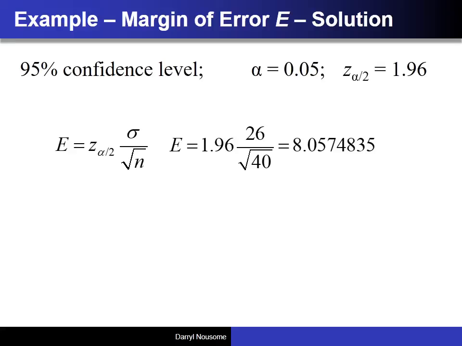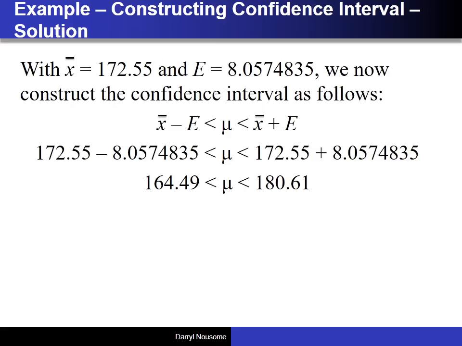Okay, now I asked you to calculate the confidence interval. Make sure that you can find the alpha of 0.05, and get the correct z-score that corresponds to that alpha. Remember, we're dividing it by 2 because it's both sides of the curve. Then you plug that straight into your margin of error formula, and you would get a value of 8.0574 and so on.